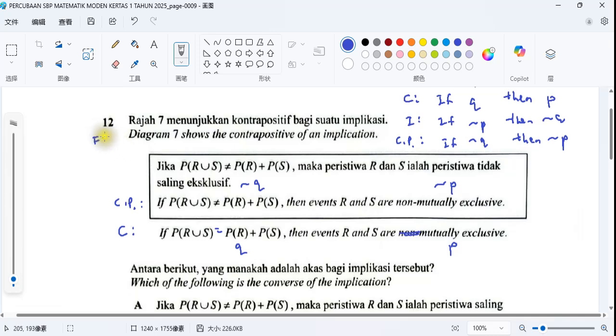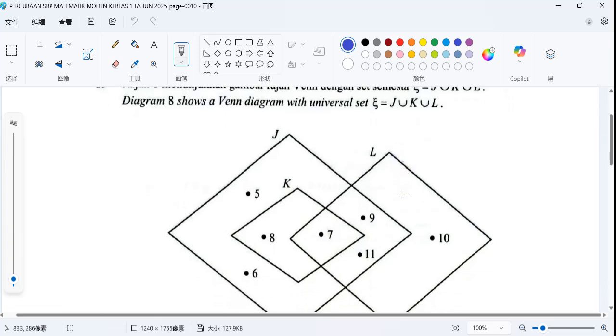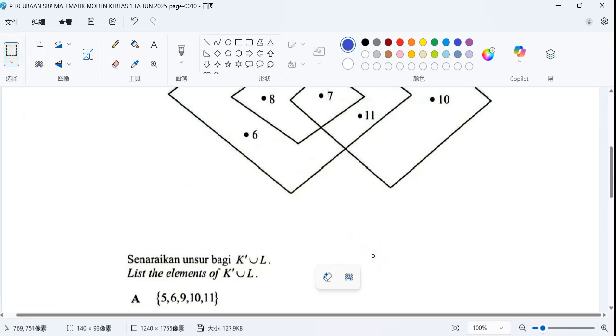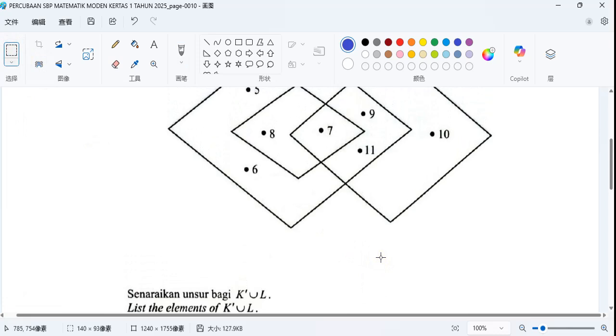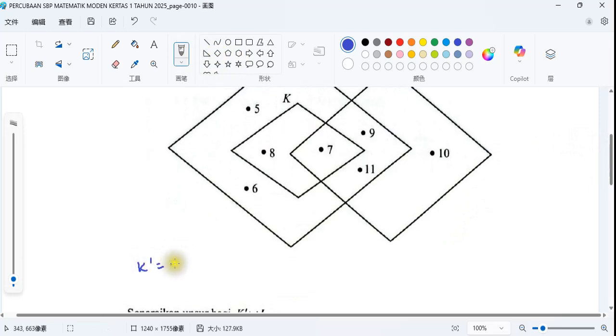So this one is also from Form 4, Chapter 3, Logical Reasoning. Question number 13. Diagram 8 shows a Venn diagram. The universal set is the union of J, K, and L. List the elements outside K, the complement of K, union with L. So to find the complement of K, it is outside K: 5, 6, 9, 10, 11.